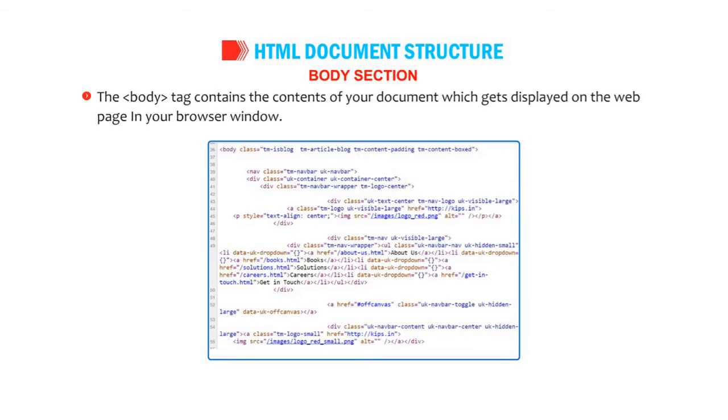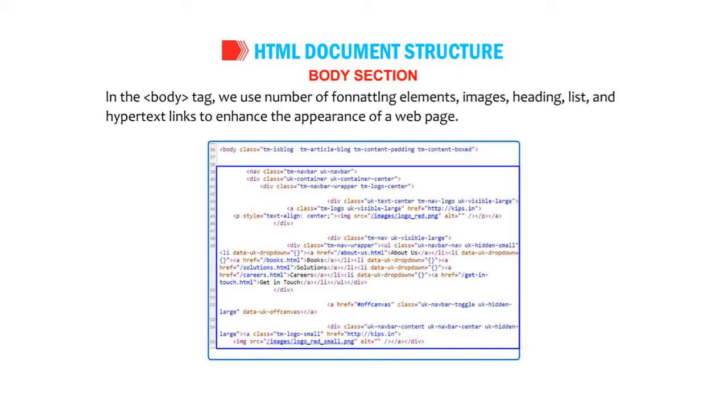Next is the body tag. It contains the contents of your document which get displayed on the web page in your web browser window. In the body tag we use a number of formatting elements, images, headings, lists and hypertext links to enhance the appearance of a web page.